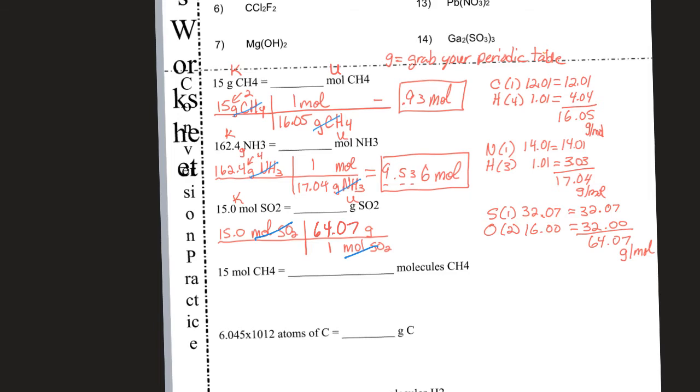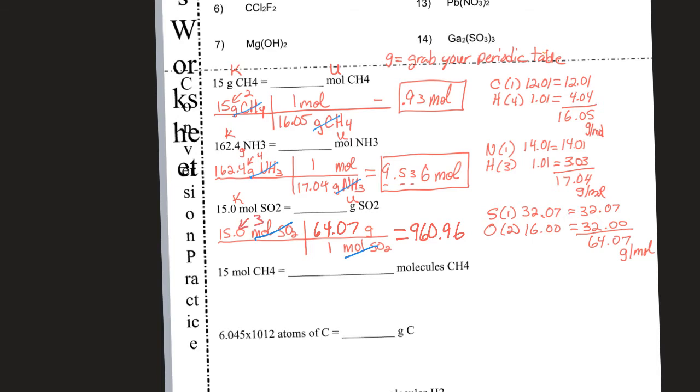My units, they are canceling. And I'm left with grams, which is what I need in my answer. I put it in the calculator, and this time I'm going to be multiplying 15 times 64.07. I've got a 1 on the bottom, so I don't need to do much with that. And that's going to give me a number from the calculator of 960.96. I check my significant figures.